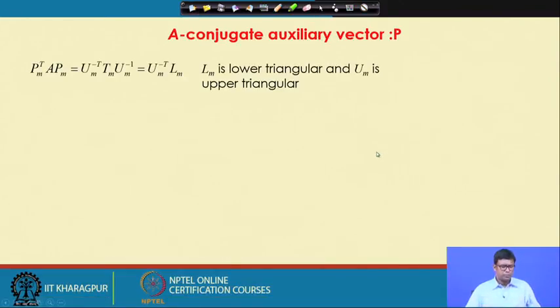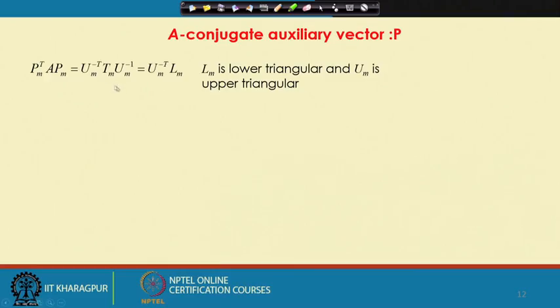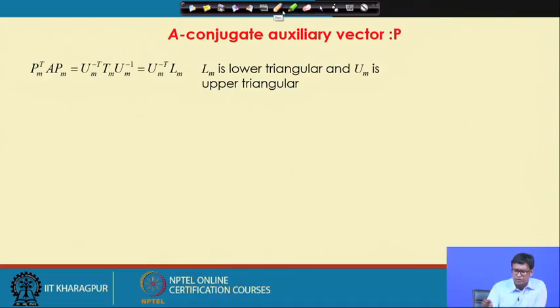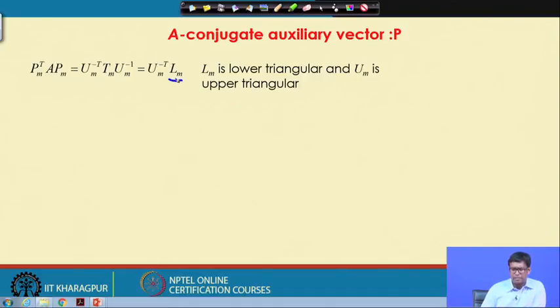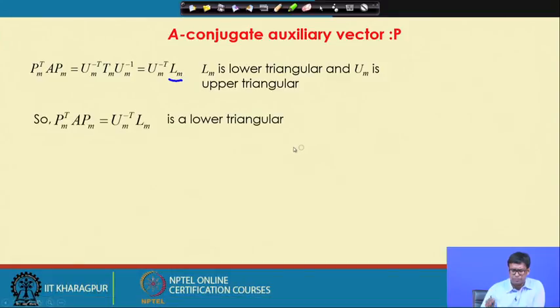So Pm transpose A Pm is equal to Um inverse transpose Tm Um inverse, and Tm Um inverse, because Um is an upper triangular matrix, will be a lower triangular matrix Lm. So Pm transpose A Pm is equal to Um inverse transpose Lm.